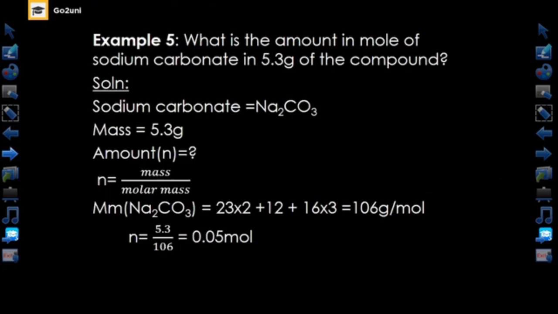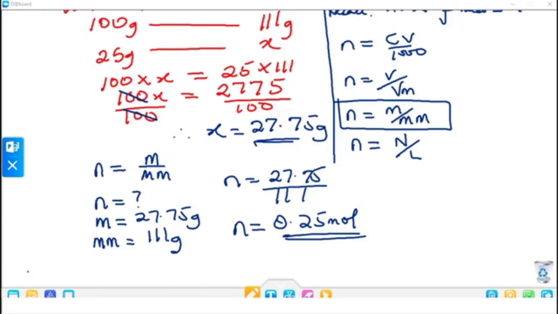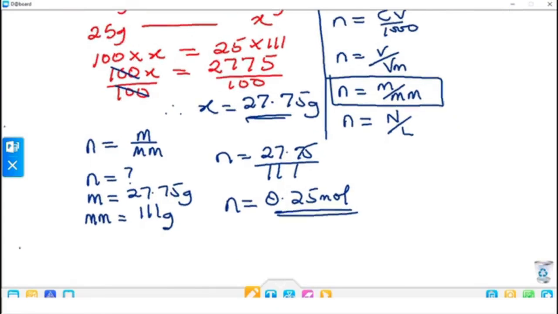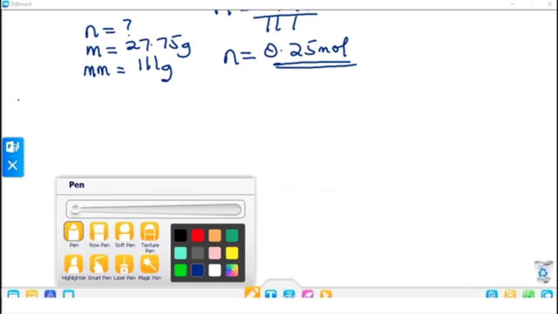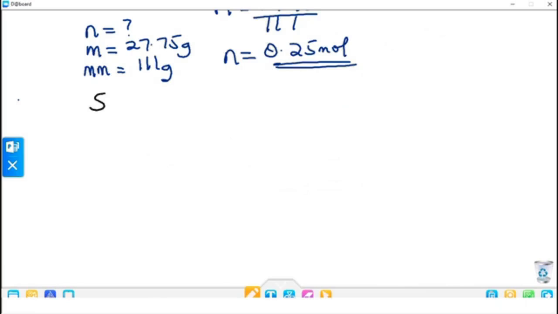So what do we simply do? This is a question that doesn't require any reaction or equation, because it is just a single species, and they are asking for the number of moles of sodium carbonate.